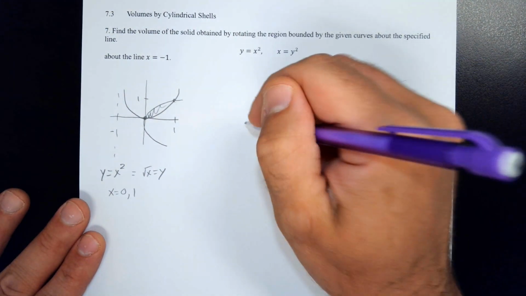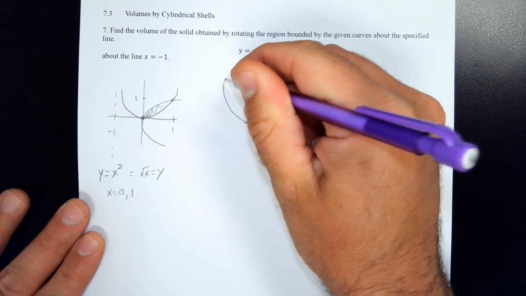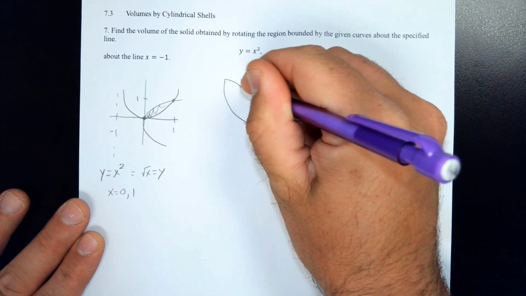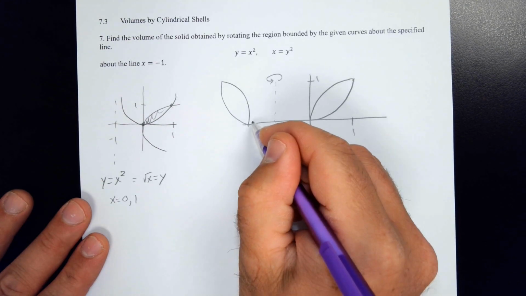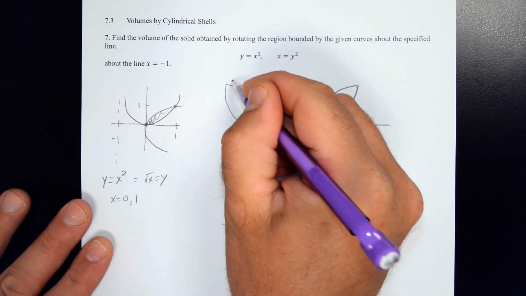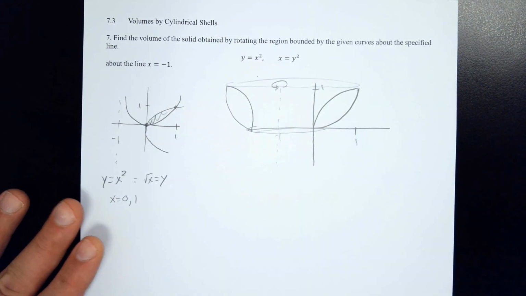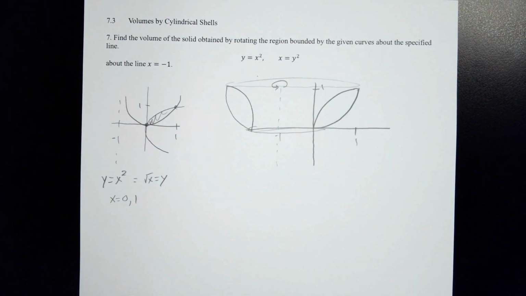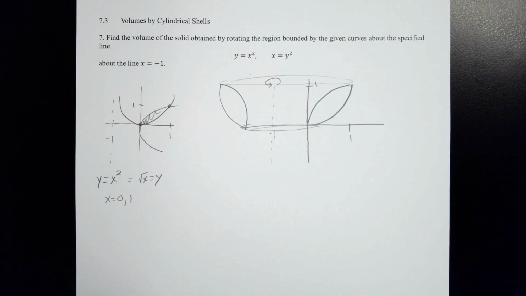So I'll try to draw another shape that looks something like that over here. And it's this revolved shape like that. Now, here, we could use the washer method to figure this one out. But since this is section 7.3, let's practice using the cylindrical shell method.